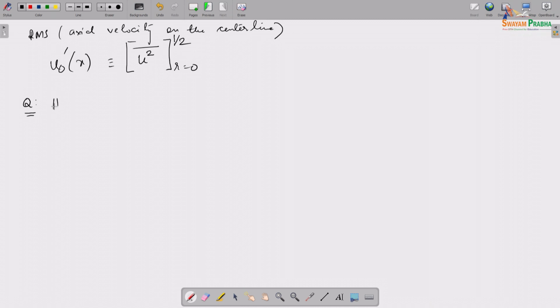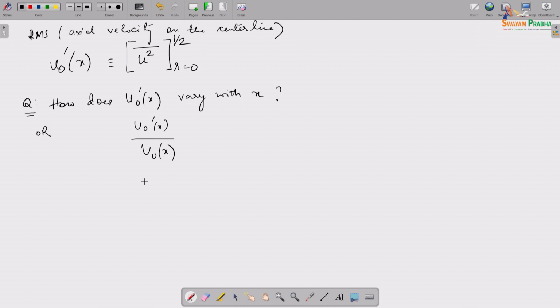How does this vary with x, or vary with x by d?